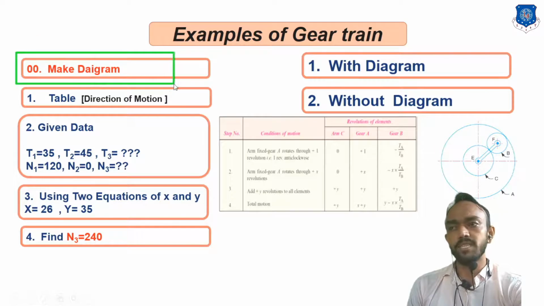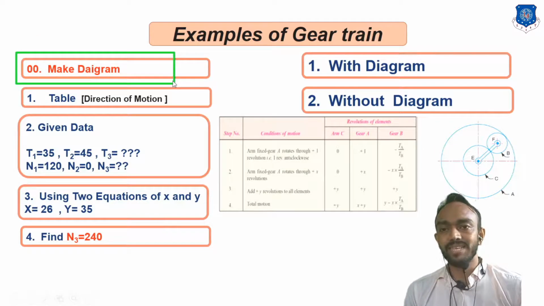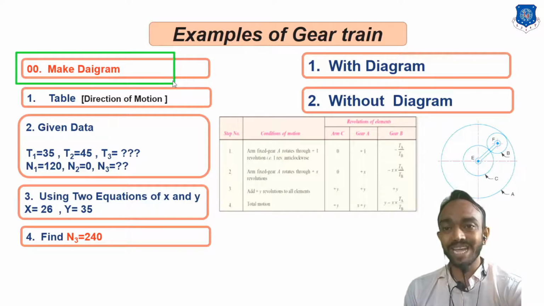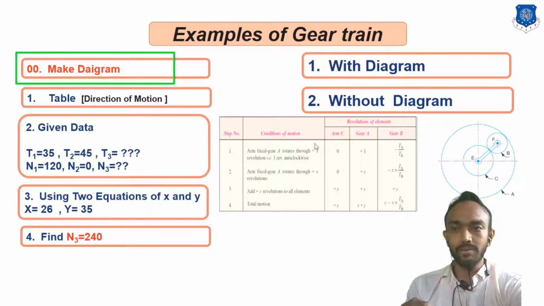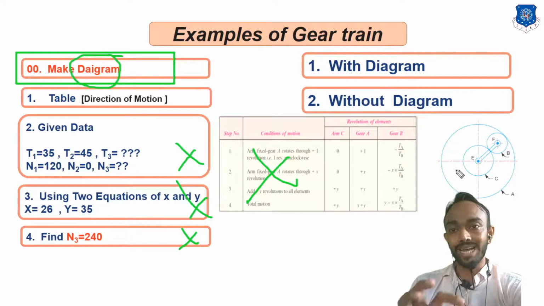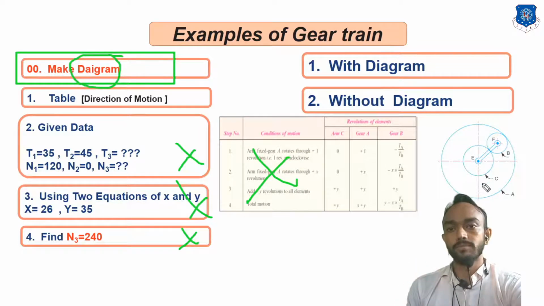I am repeating, it is very complex, because when this assembly is given, C is connected to B, B and E are on the same shaft, and you have to read very carefully and make the diagram, because any mistake in the diagram, your table will be wrong and all other steps will be wrong. If you can't make the proper diagram from the given data, your example will be wrong.